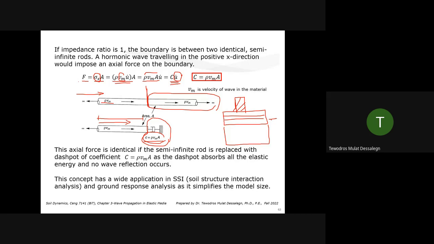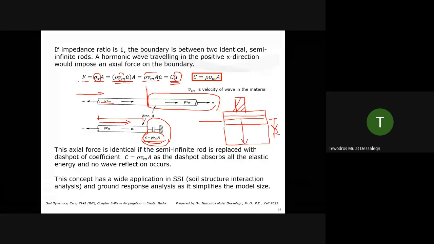After this, let's say it's uniform material, it's rock. The density is the same, wave velocity is the same. But in our finite element or finite difference model, we don't need to include too much length here. We can cut the model size by representing the remaining portion by a damping model.